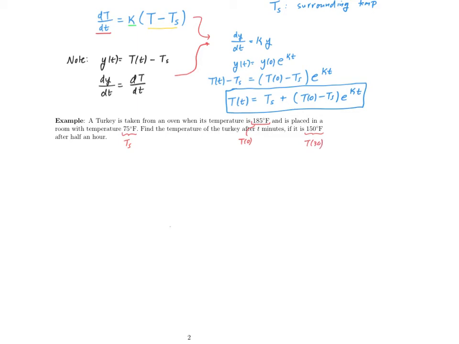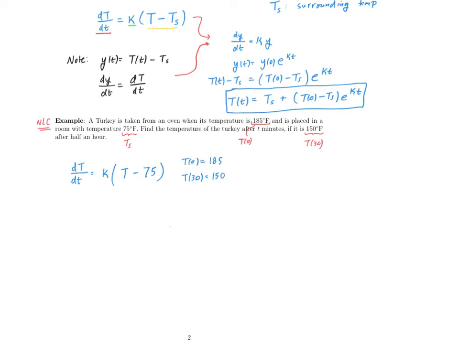So we have the following scenario. This is most definitely one of our Newton's law of cooling problems. So we can represent it in this form that we have above. The temperature of the turkey decreases at a rate proportional to the temperature of the turkey minus that surrounding temperature. We have the initial data that T of 0 is 185 and T of 30 is equal to 150.